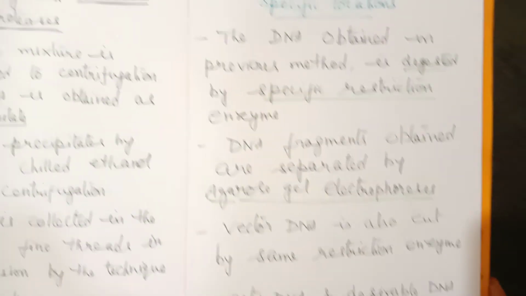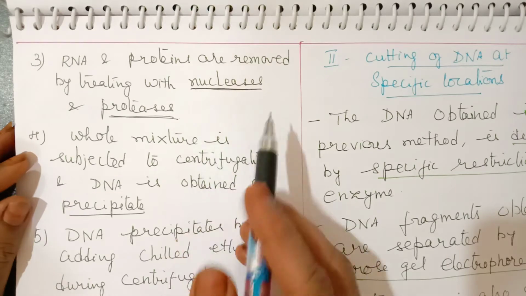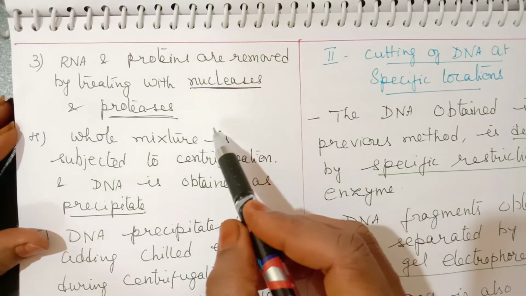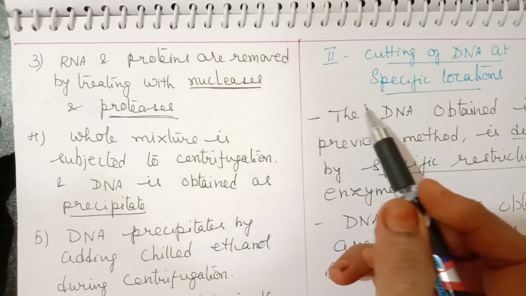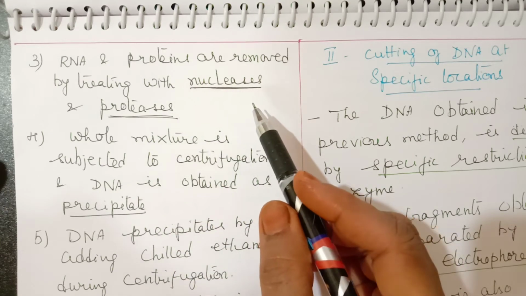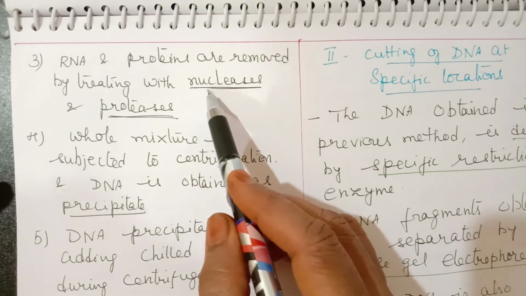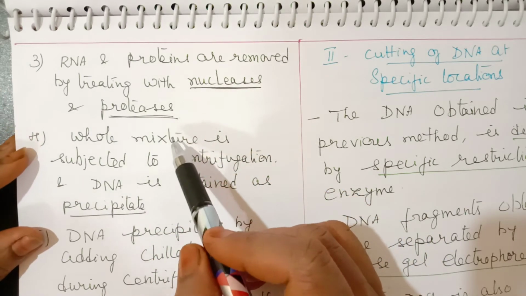Next, RNA and proteins are also removed by treating them with nucleases and proteases. Nucleases are the enzymes which digest nucleic acids. Specifically, RNA must be digested, so we can call them ribonucleases also, and proteases digest protein.